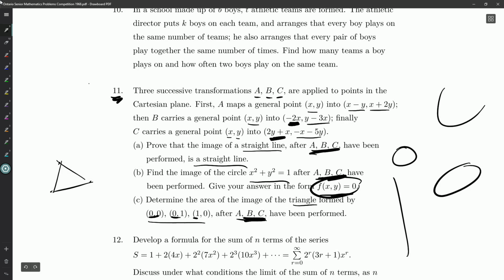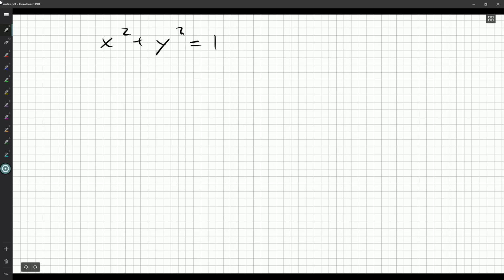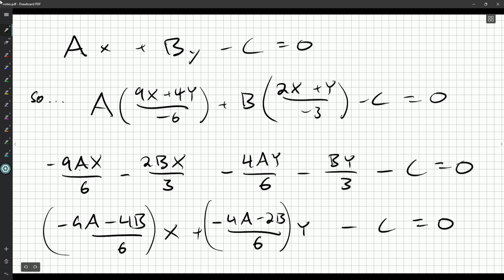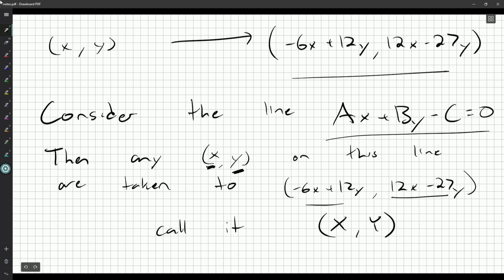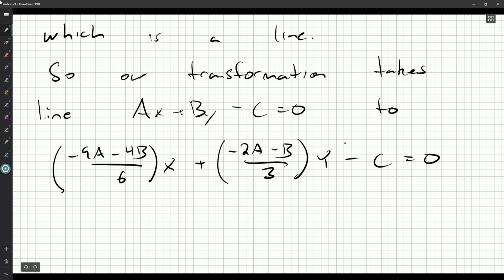Fantastic. Now, for the second one, I think we're told we start with this circle, x squared plus y squared equals 1, and I want to know what the image is. What does it now look like? Well, fortunately, we learned xy gets transformed to, what was it? We're going to have to go back a bit. Minus 6x plus 12y and 12x minus 27y.